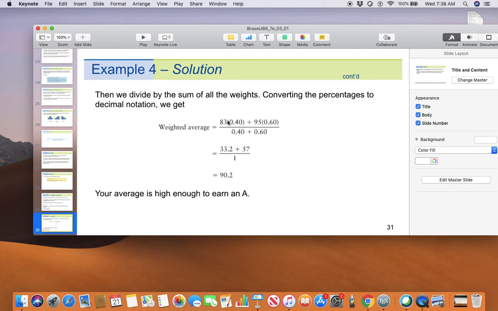Weighted average, midterm times 0.40 because that's 40%. 40% means 40 over 100. So that's 0.40 plus final exam times 60%. 60% is 0.60. So these are the weights.